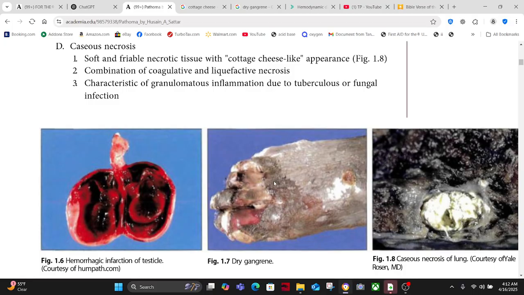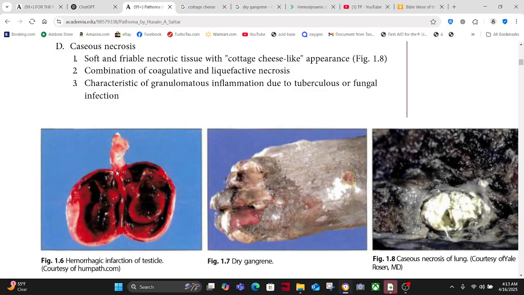This is dry gangrene, and this right here is a testicle. So you can see the venous supply is blocked off, and then the artery is still open.